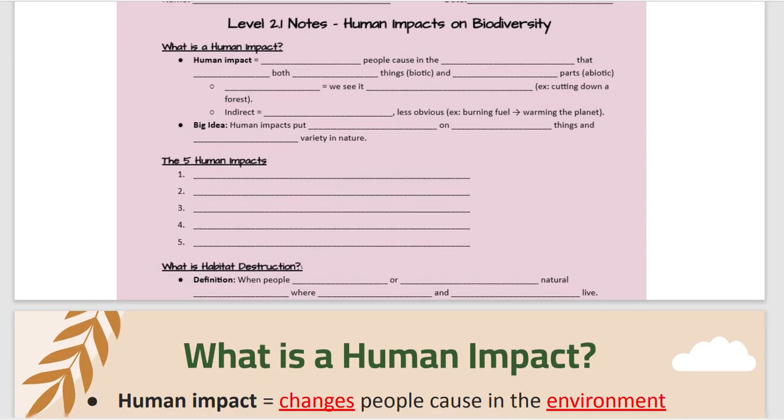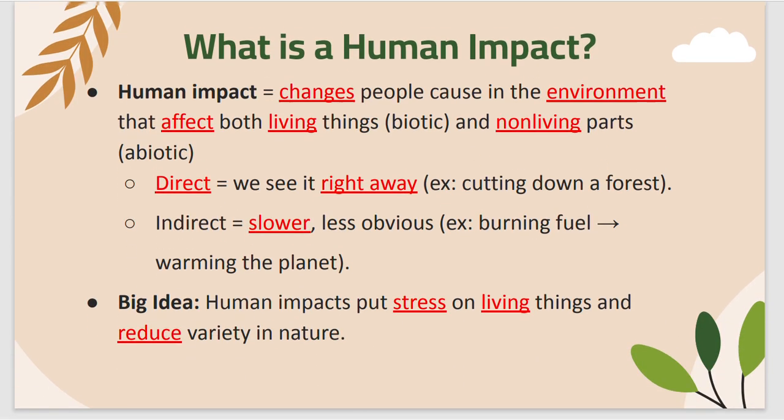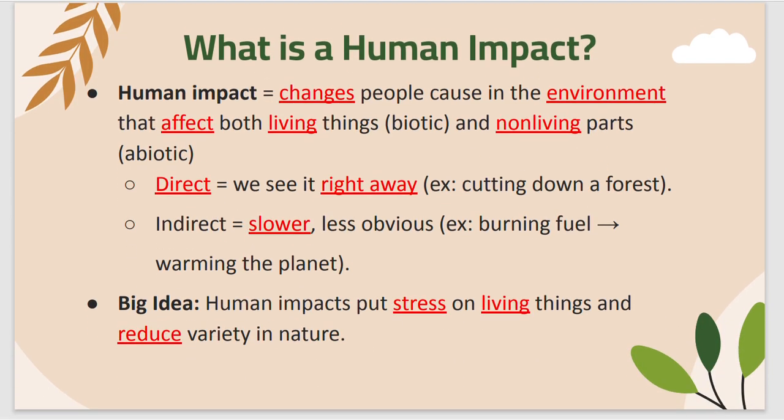Alright, let's continue chugging along. So, again, you are filling in the blanks. What is a human impact? Let's start with just defining the term human impact before we even go into the 5 different categories.